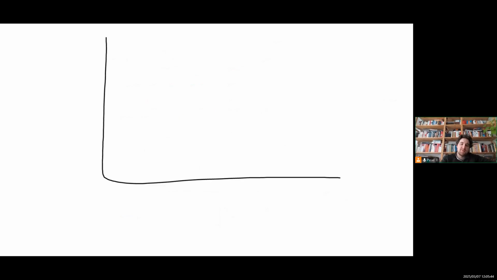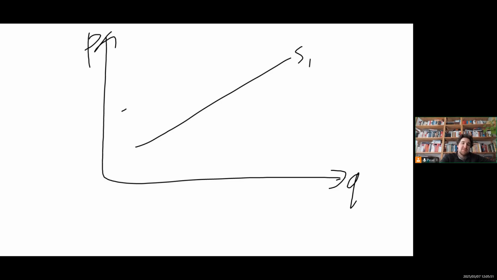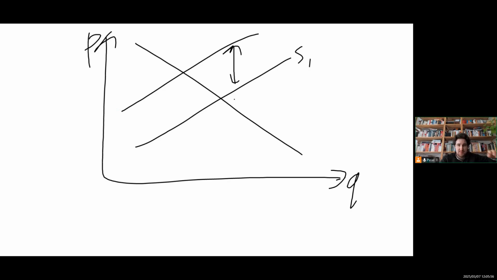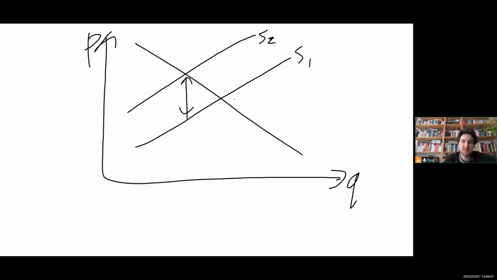So if I have price and quantity and I've got a supply curve and I've taxed it, so I've increased it in terms of the price axis because the government's trying to add this to the costs of the good, well then the government's added it by this price, so this is the new equilibrium, because sure, the producer's only getting down here, but then this amount needs to be taken in tax.